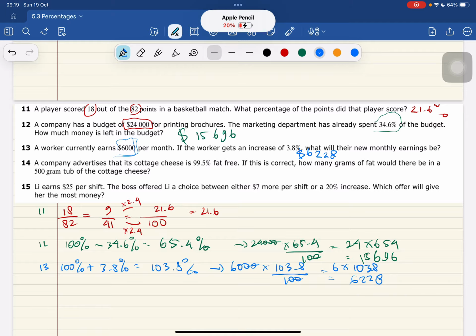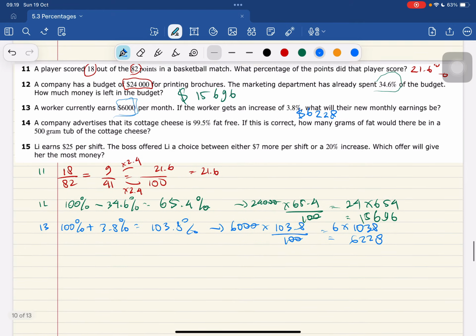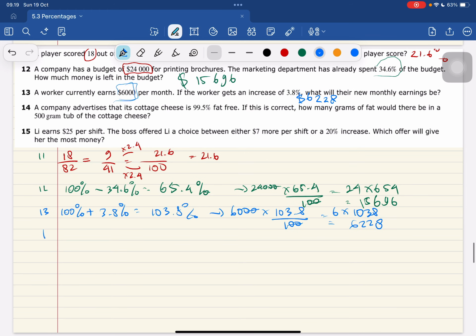Now is 14. A company advertised that its cottage cheese is 99.5% fat-free. If this is correct, how many grams of fat will be in a 500-gram tub? So we can check it. So fat-free, number 14.